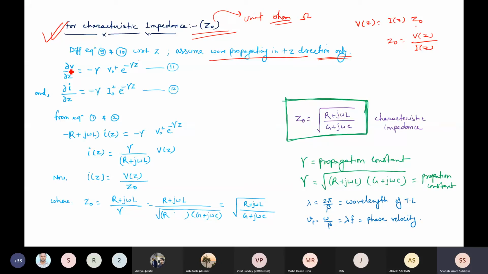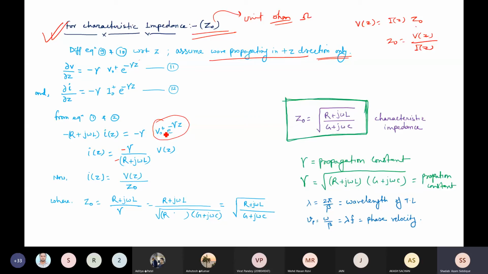Now we know del V upon del z. What is del V upon del z? It is nothing but minus (R plus j omega L) times I of z. So we can write that here, and this side we already have. Now we can find I of z, which can be written as minus gamma upon minus (R plus j omega L), times V naught plus e to the minus gamma z.